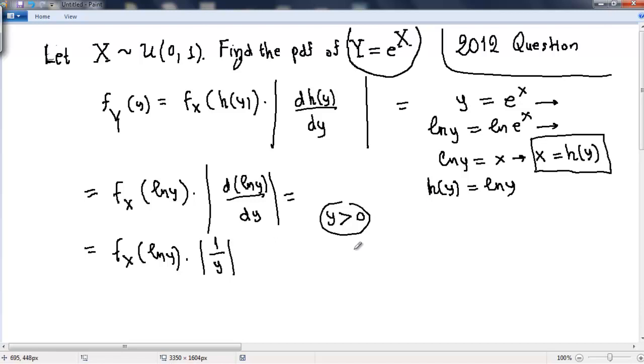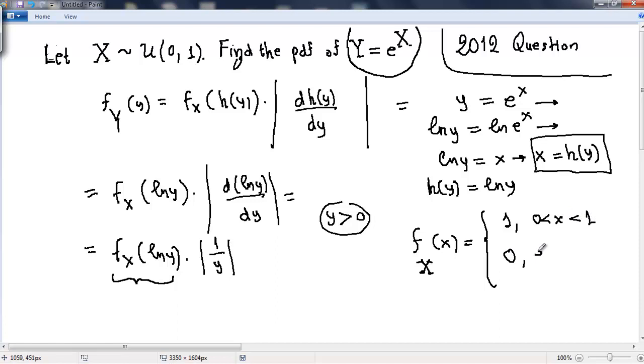And now we have to remember what's the probability density function here of x. If you remember, because you have the uniform probability here, f_X of x equals 1 if x is between 0 and 1 and 0 otherwise.